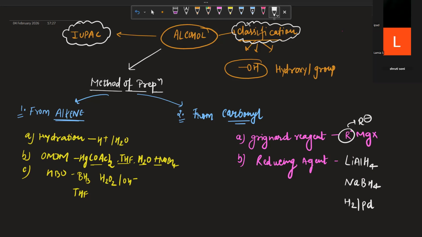So whenever H2 palladium is used, that method is known as catalytic hydrogenation or catalytic reduction.